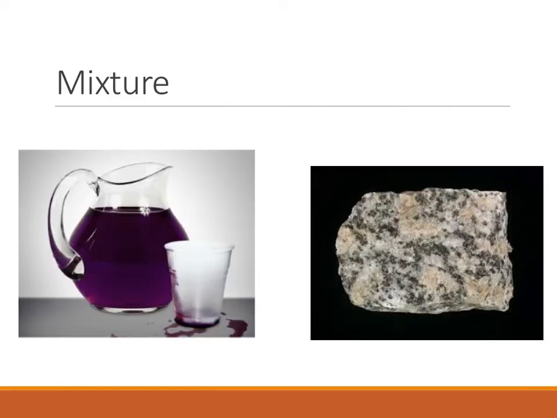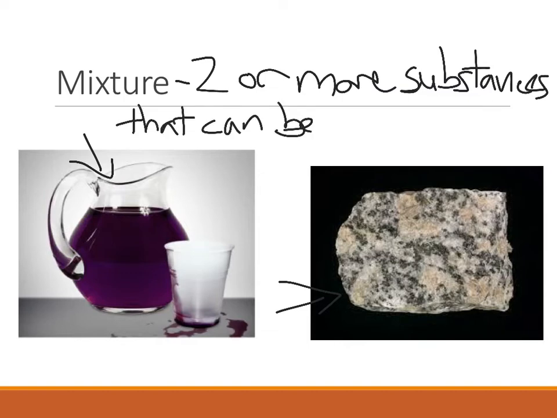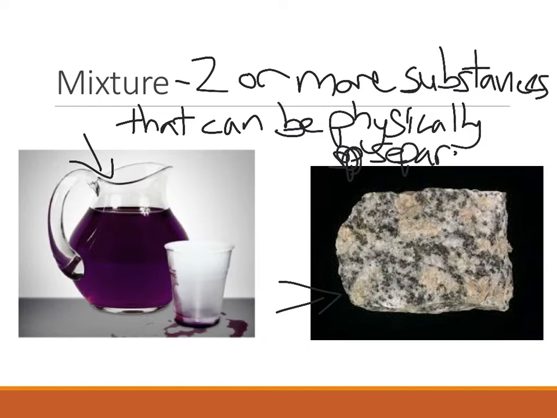So in contrast to a compound, we have a mixture. Examples of mixtures would be like this Kool-Aid here, or this rock. A mixture is two or more substances that can be physically separated from one another.